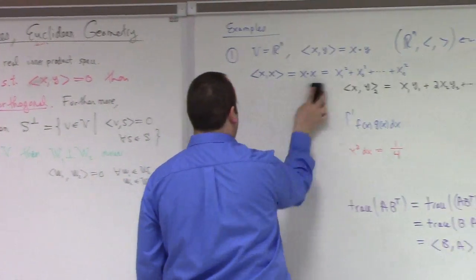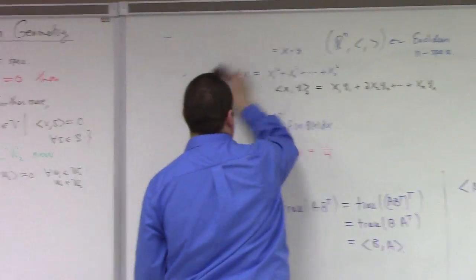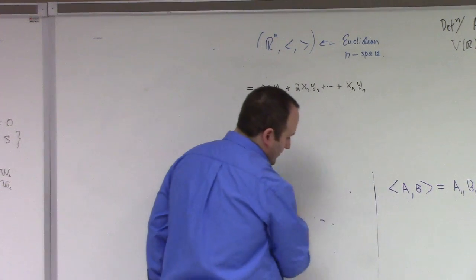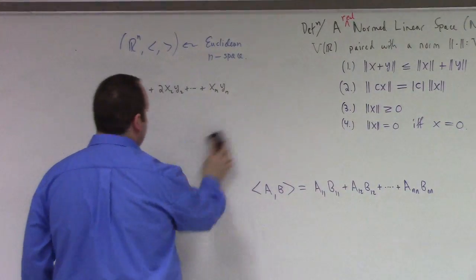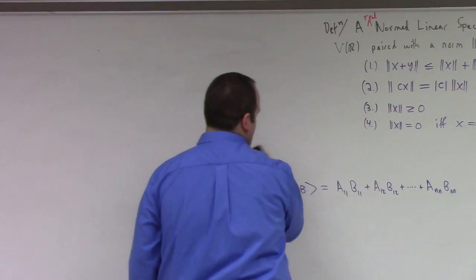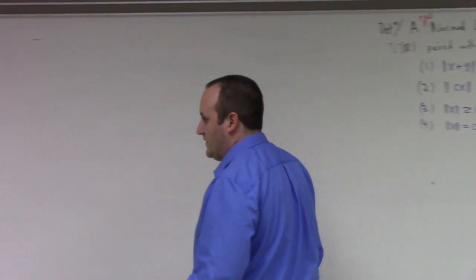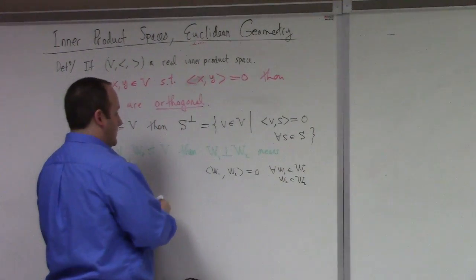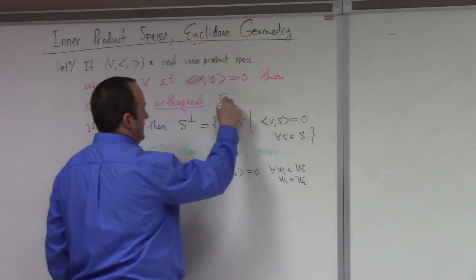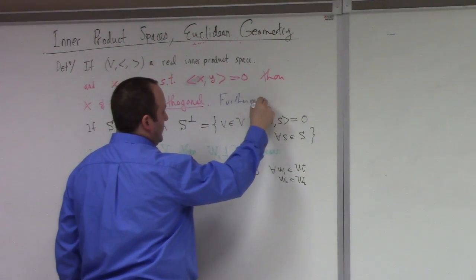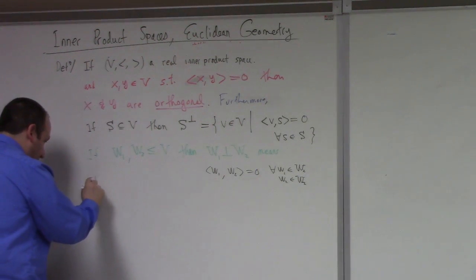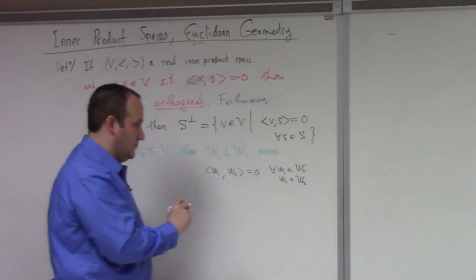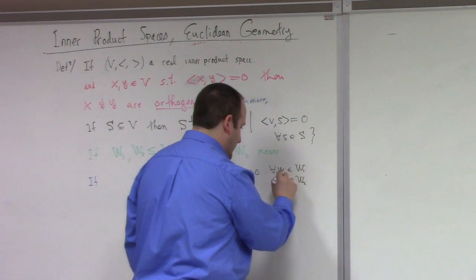There's a couple more terms I have to define before I can say interesting things to you. What does it mean for a set of vectors to be orthogonal? I defined orthogonality of two vectors so far.